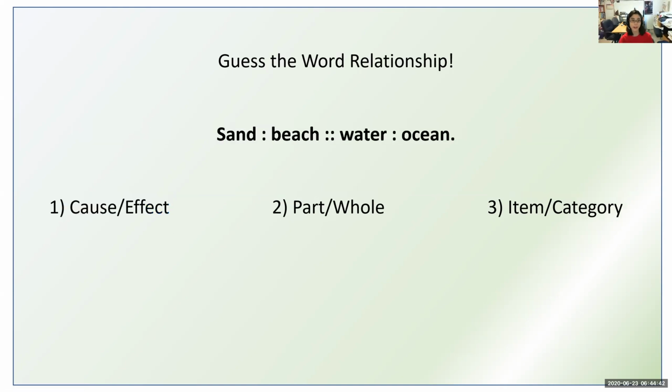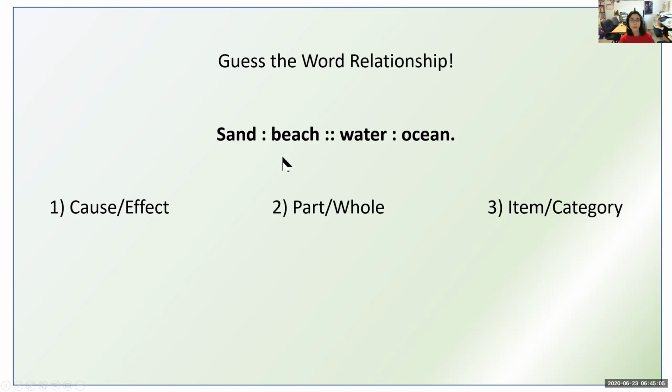All right, time for our next one. Sand is to beach just as water is to ocean. Okay, so for this one, let's look at the options one at a time. Would this one be a cause-effect where one thing causes another thing?